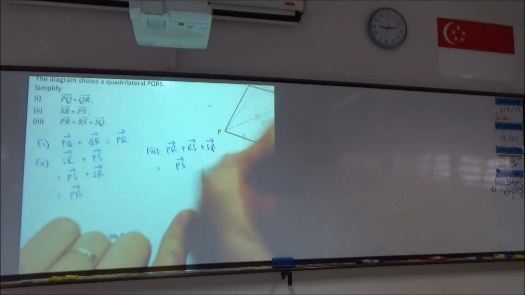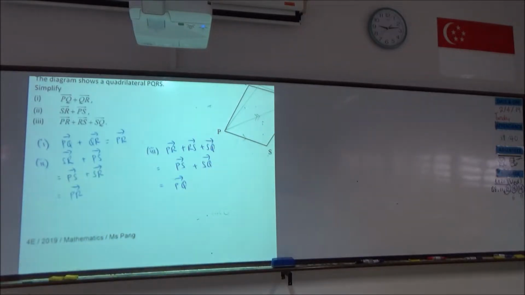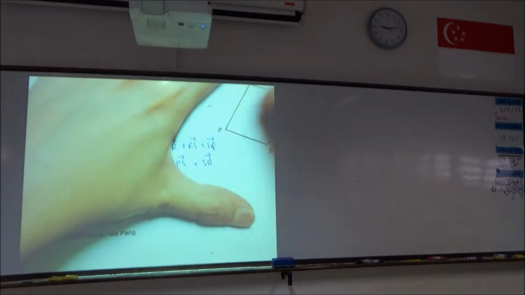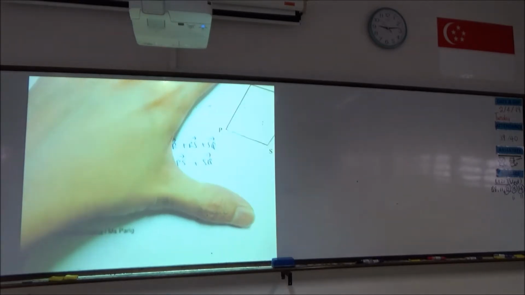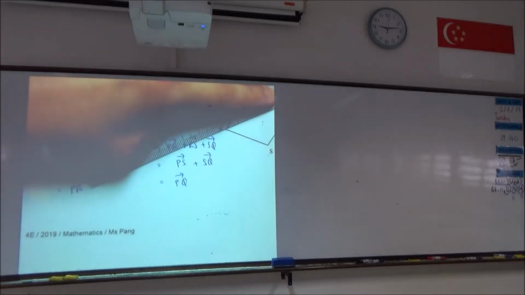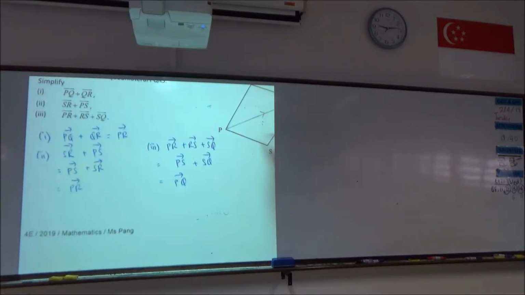Then plus SQ, and therefore that will give you PQ in the end. If you want to look at the diagram and make use of it, PR refers to this vector here, RS refers to this one, and SQ refers to this.